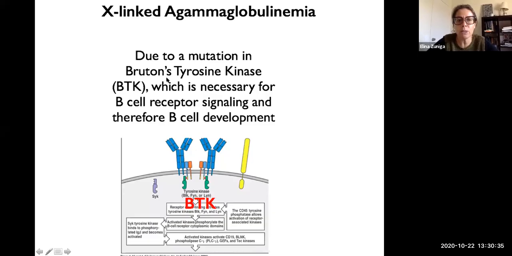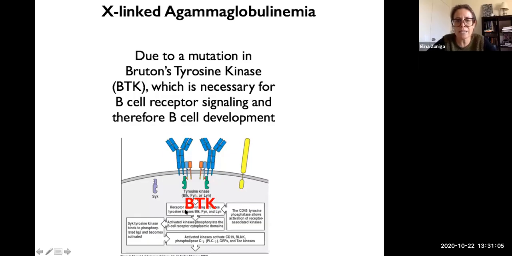The reason is a mutation in a kinase called Bruton tyrosine kinase, BTK. This kinase is encoded on the X chromosome, so this disease affects mostly males, because they have only one X chromosome. If it carries the mutation, they will manifest the disease and have no BTK.